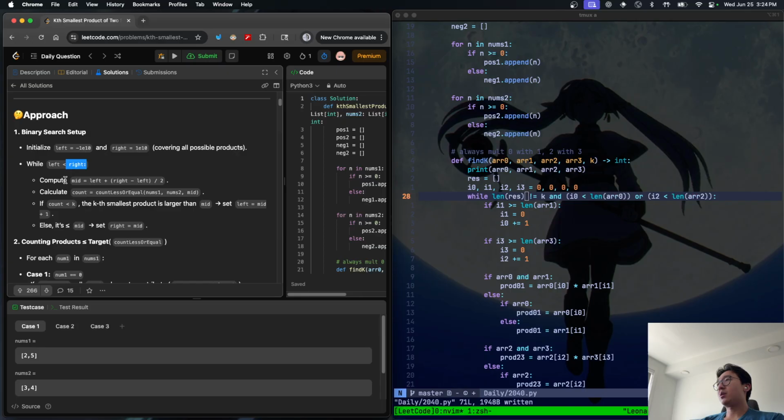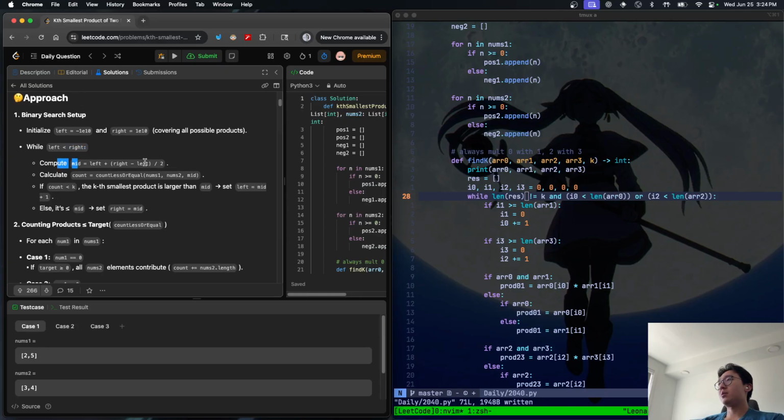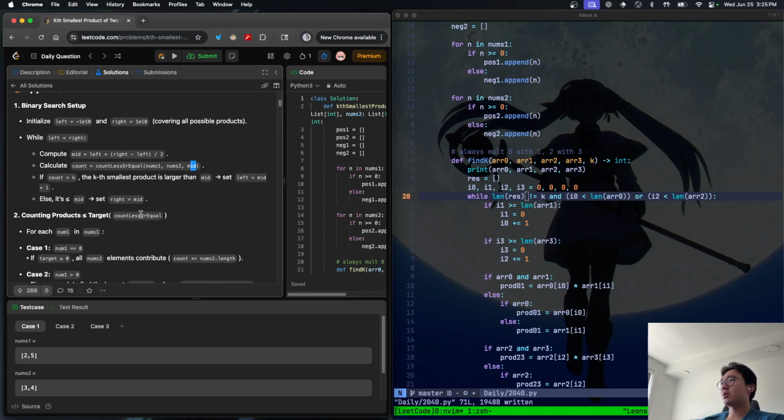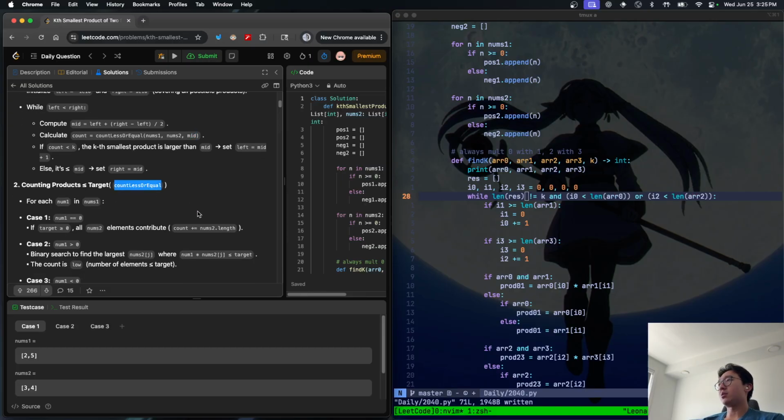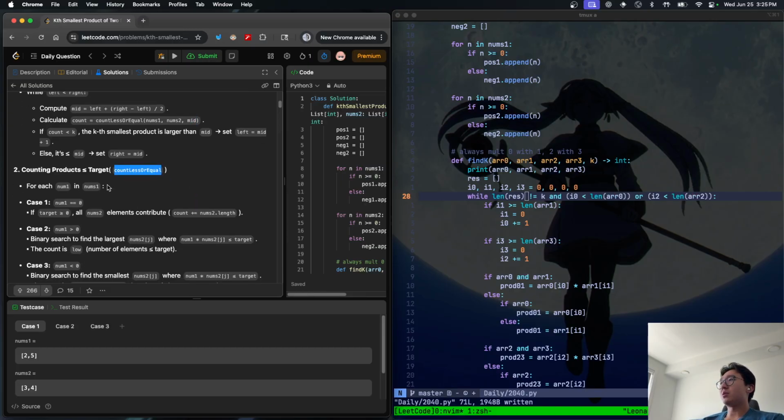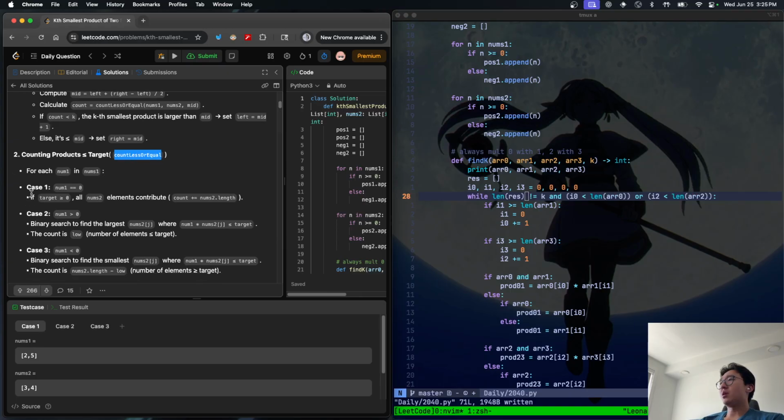While left is less than right, compute mid. Count is equal to count less or equal to nums1, nums2, mid. If count is less than k, the k-th element is larger than the mid, then set left equal to mid plus 1, else right equals mid. Count products less than or equal to target: for each num1 in nums1. Case 1, num1 is equal to 0: if target is greater than or equal to 0, all nums2 may contribute, so count plus the length of nums2.